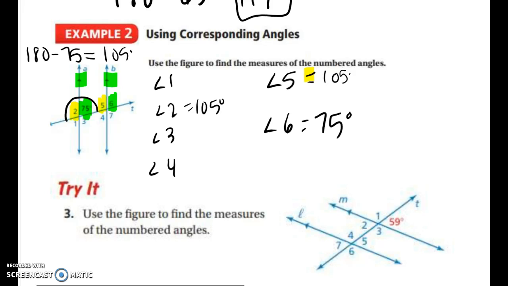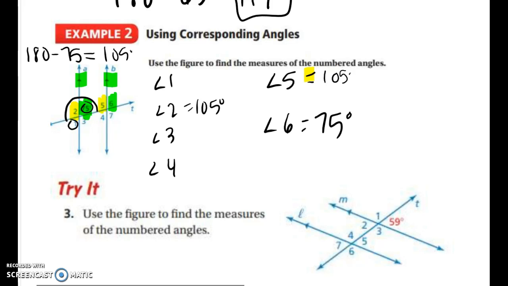You can use supplementary angles again and say that these two are supplementary angles and subtract. Or we can use our vertical angles theorem, which we talked about a couple units ago, which means that whatever angle is directly across from it, those two angles are equal.